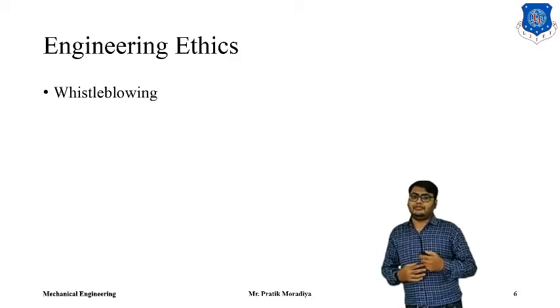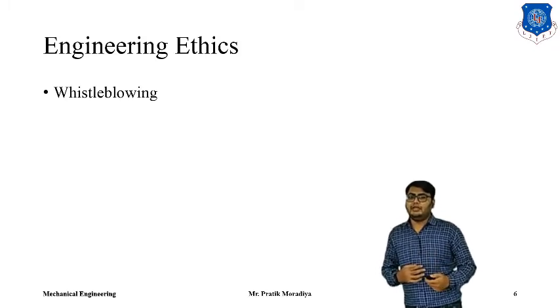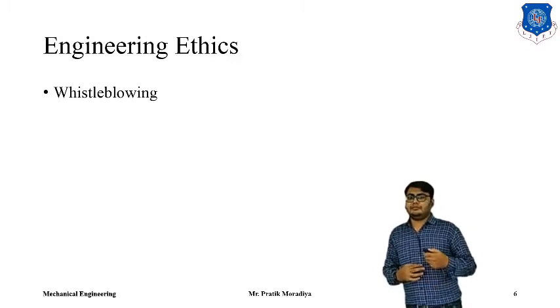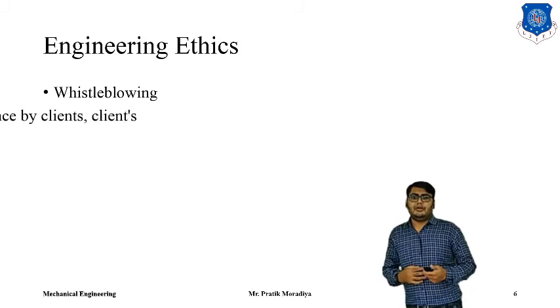So if you know that these practices will in the long run harm some people, then you should report such activities, and this is known as whistleblowing. When you report your organization for some unethical practices.